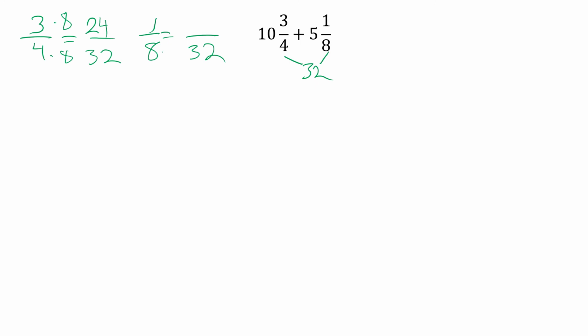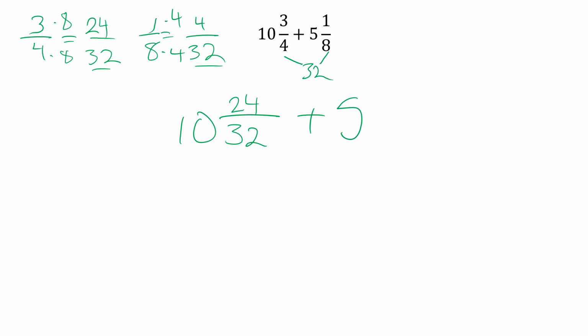So let's multiply by 4, top and bottom, to get 4 32nds. Okay, now let's substitute in our two equivalent fractions and rewrite our problem. So 10, our 3/4 became 24 over 32, plus 5, and then our 1/8 we converted to 4 over 32.